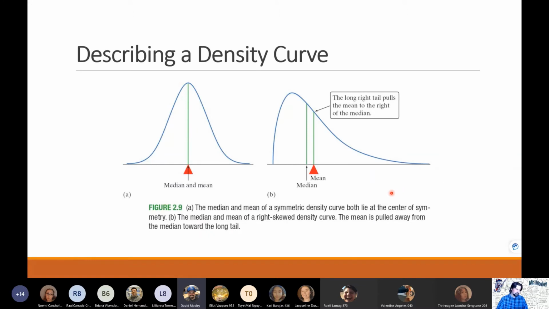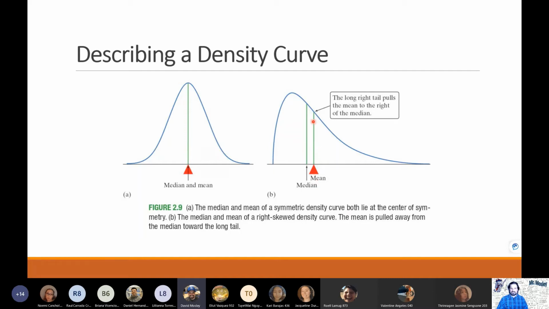In a picture, this is what we were just saying. We have a symmetric distribution here and a density curve that's symmetric. The mean and median are both in the same place right down the center. In a skewed density curve, the median is our halfway point. 50% of the data is over here, 50% is on this other side.